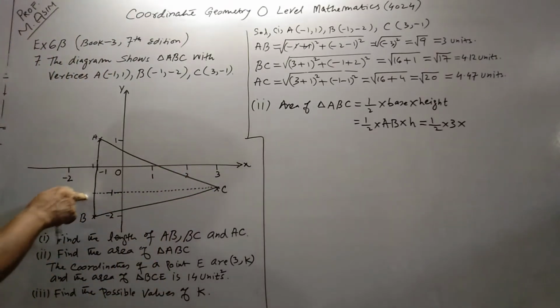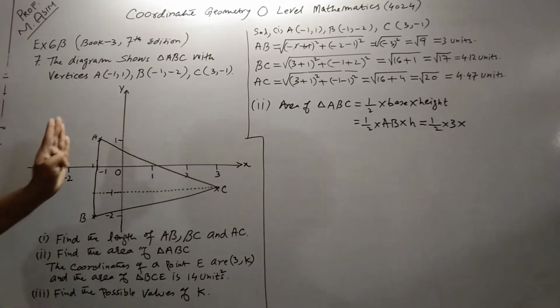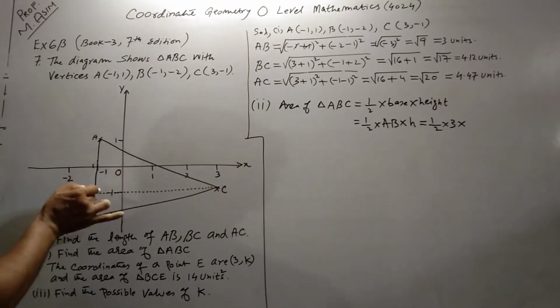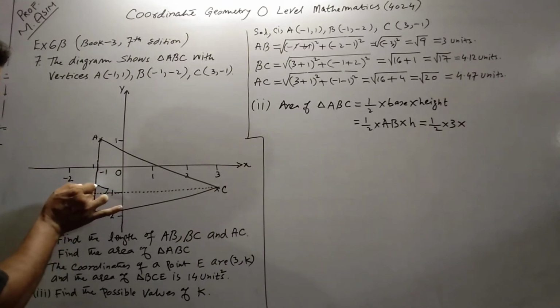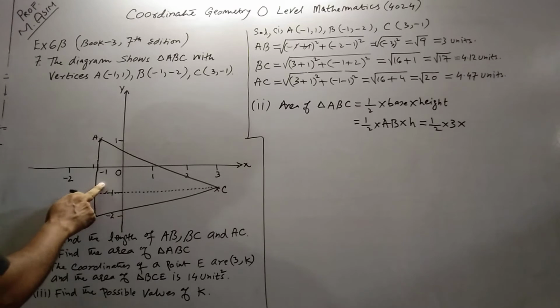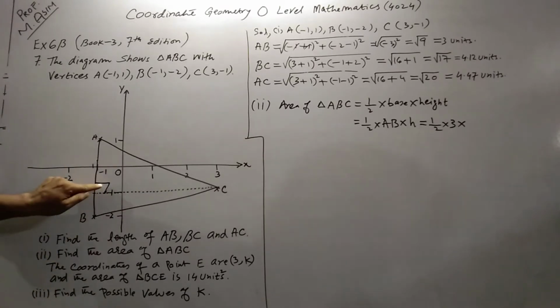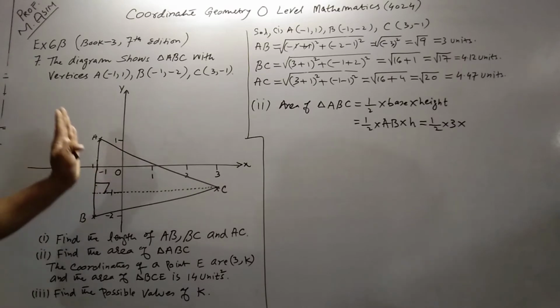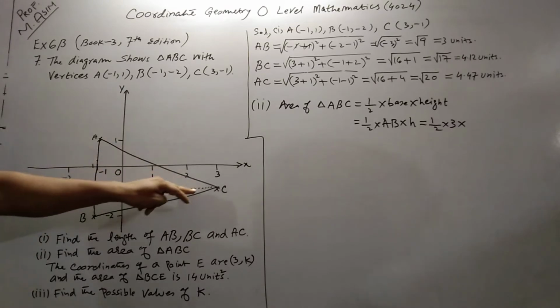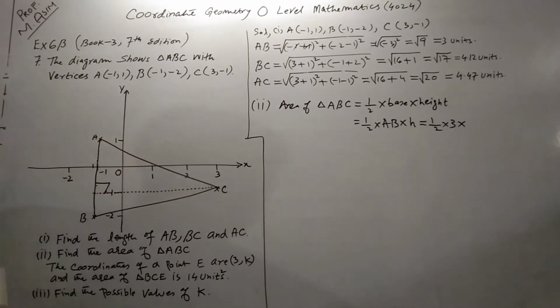So your height is from this point to this point, because this line is straight, and if this angle is 90 degrees, this is the sign of 90 degrees. So if this angle is 90 degrees, therefore this line is the base and this line is the height. So what is the value of this height? See carefully.